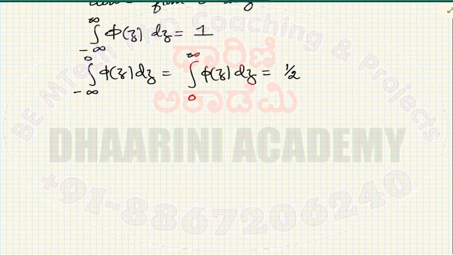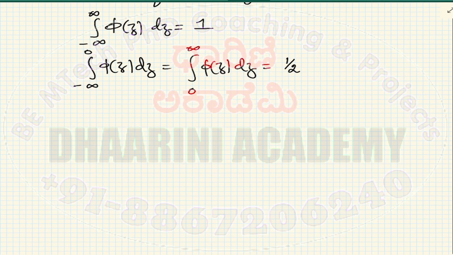Right? And then we write the standard notations which we are going to use, that is the probability that minus infinity less than z less than infinity equals how much? Minus infinity to infinity means I have to integrate from minus infinity to plus infinity. That value we already found, and it is equal to 1.